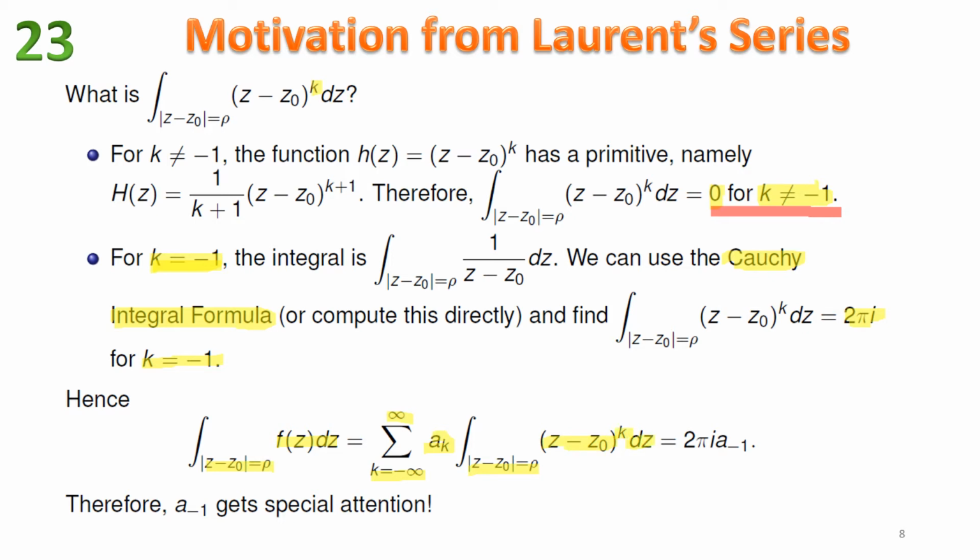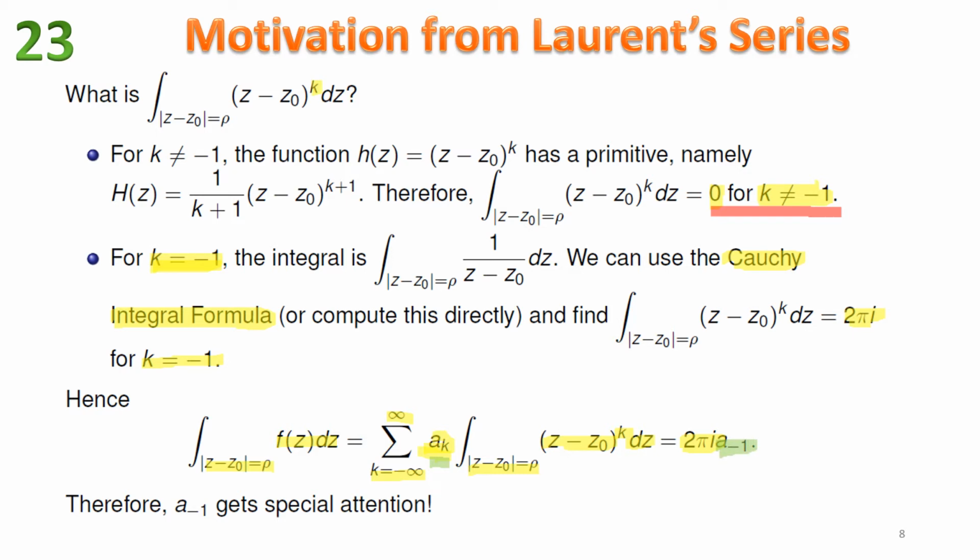This is equal to 2 pi i, as I said, times a_k for k equal to minus 1, that is a minus 1.